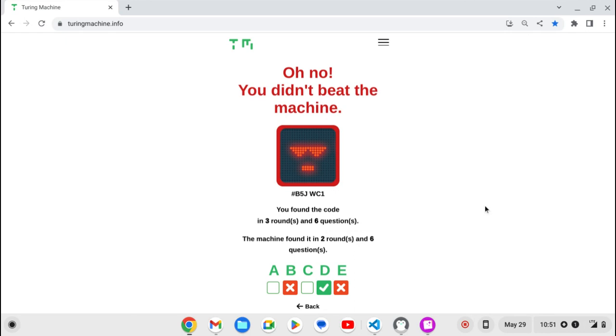So even though we made the same amount of questions, 6, it did take us 3 rounds as opposed to 2. So the Turing machine, that's kind of the tiebreaker between the number of questions asked of the Turing machine, is how many rounds did you do it in. Unfortunately, because of my choices, I did have to do a third turn. Okay, well, lesson learned.